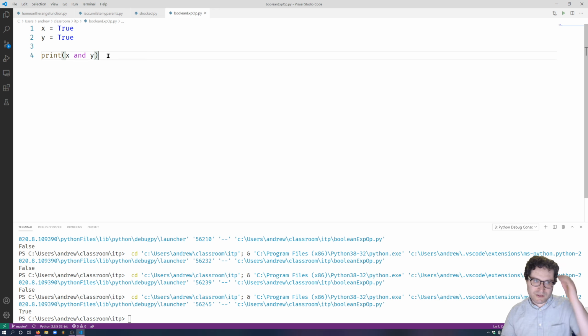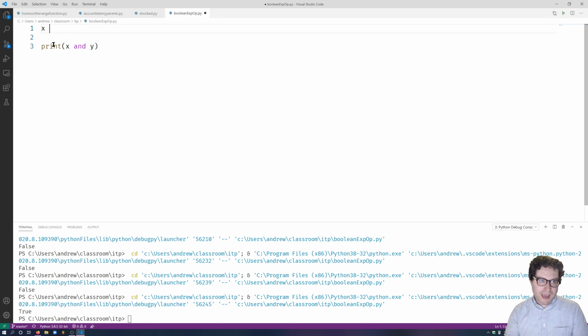Right? So let's go ahead and see. For instance, let's do x is equal to 8. Print out x is greater than 5 and x is less than 20.